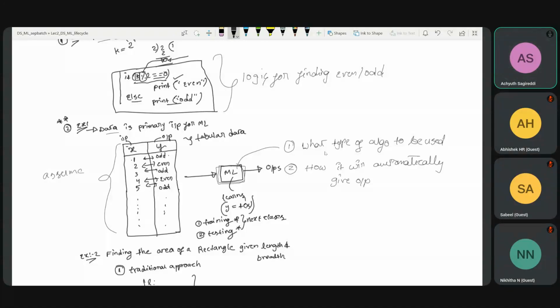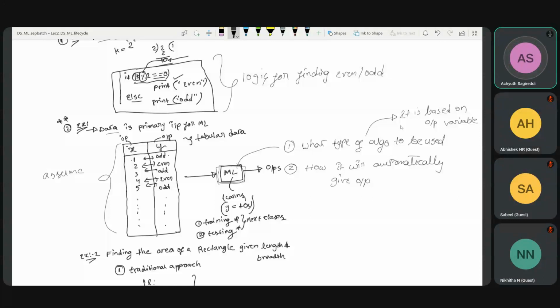What type of algorithm has to be used for this problem? The answer is, it is based on the output variable. Based on the output variable, we have to select the machine learning algorithm. We have a lot of machine learning algorithms based on the output data type.